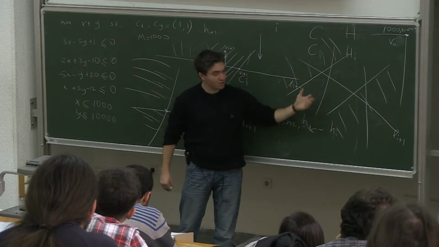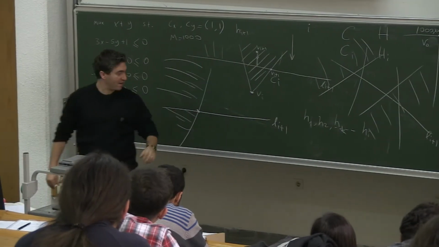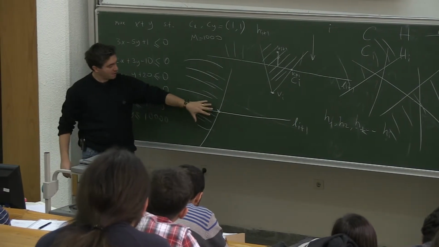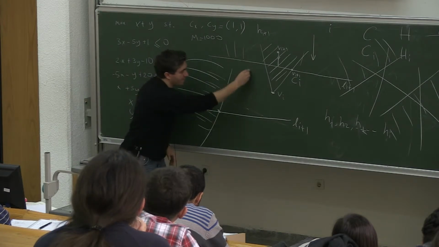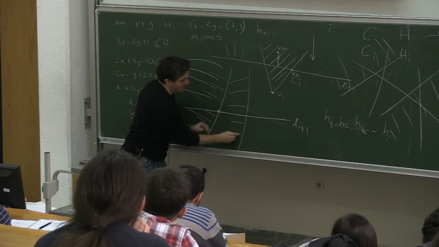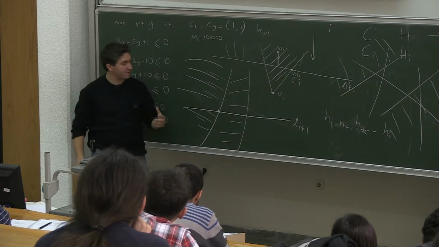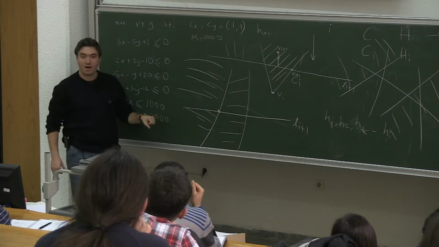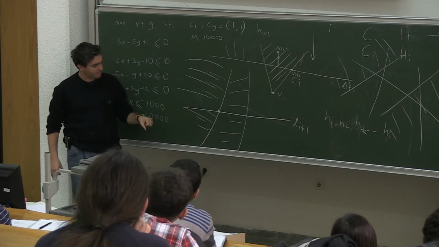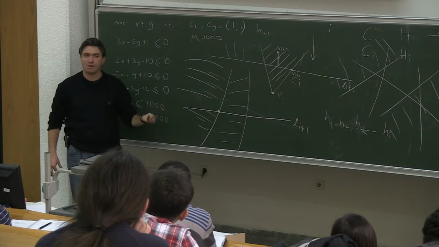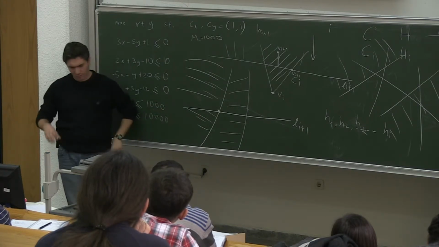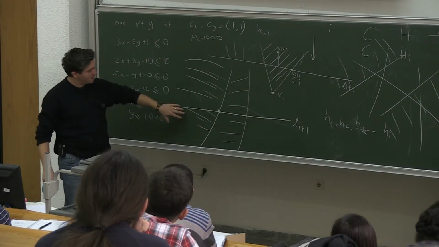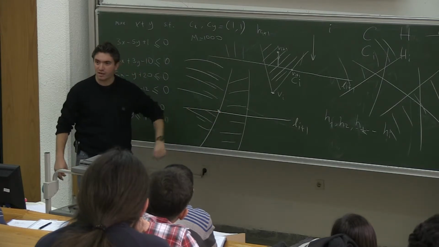But the way to solve for v_{i+1}, let's get back to this picture. For all the half planes whose feasible region is on their left, I'm going to pick the minimum. This one says it has to be smaller than this, and this one says it has to be smaller, so this one is better.